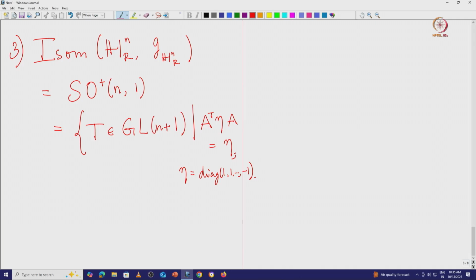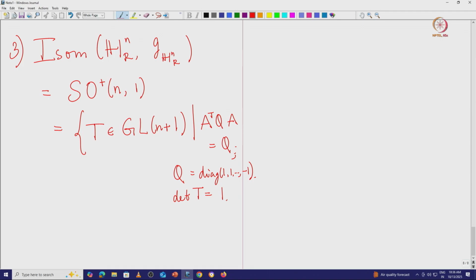Since I already have a notation for this, these are all the (n+1) by (n+1) invertible matrices which preserve this quadratic form Q, and I also want the determinant of this linear transformation to be 1.